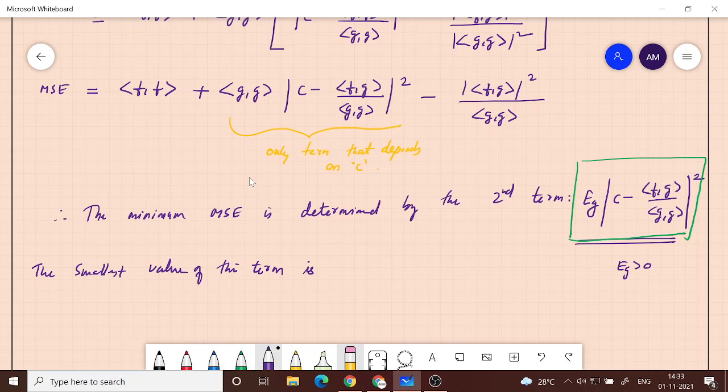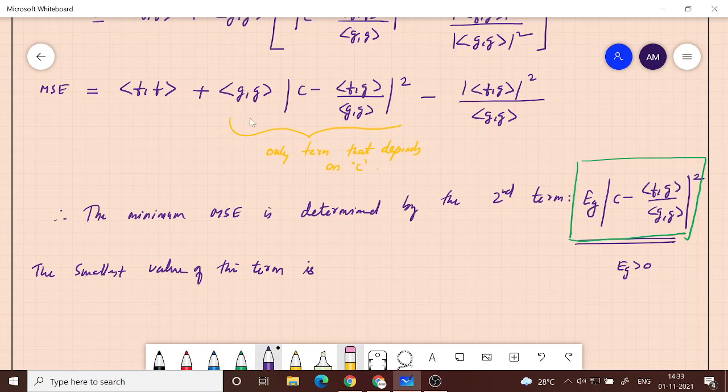You have a positive number. How small can a positive number be? Just greater than 0. Yes, so the smallest value is 0.